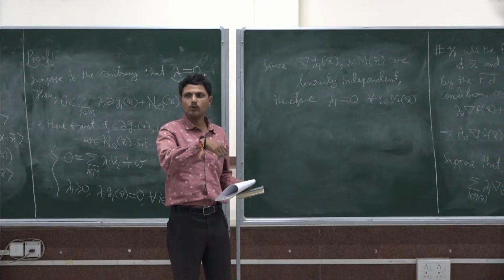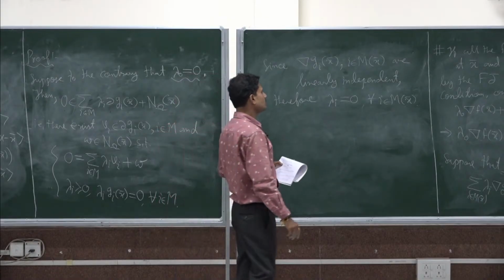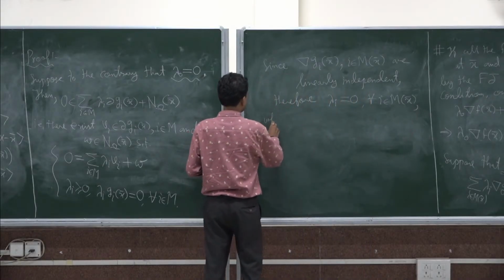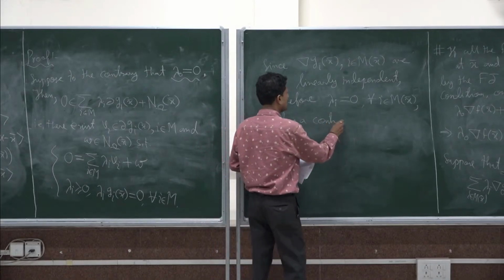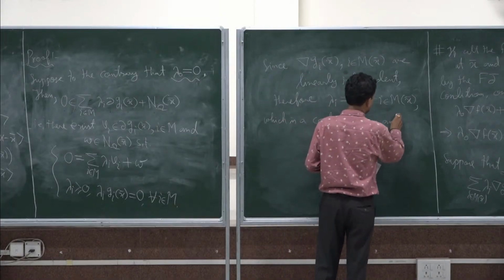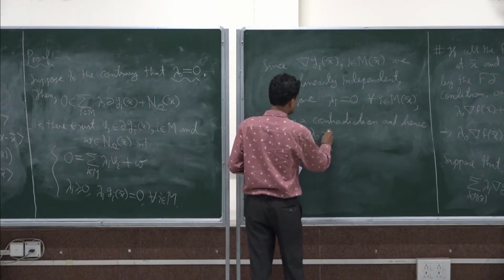Because we assumed that lambda naught is equal to 0 and all the lambda i's are also equal to 0, which is a contradiction, and hence this lambda naught is not equal to 0.